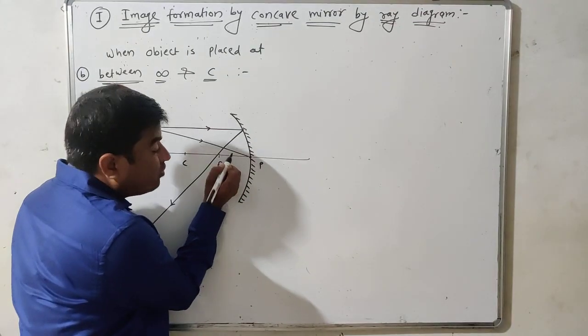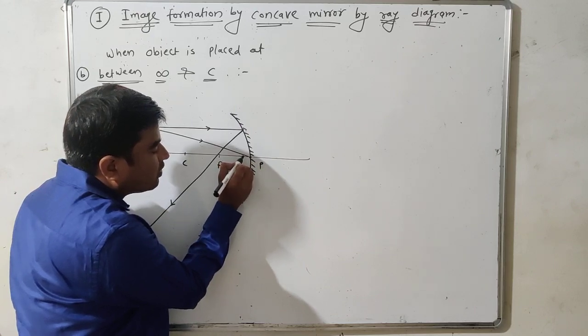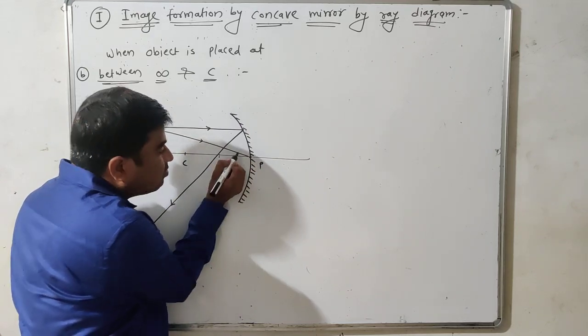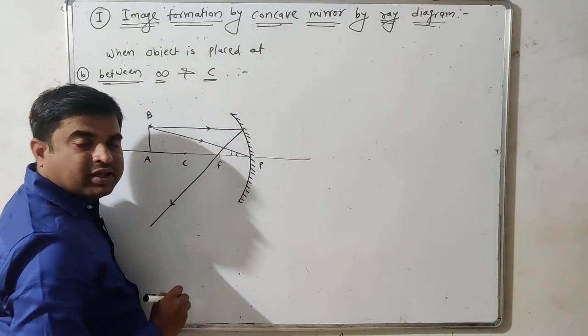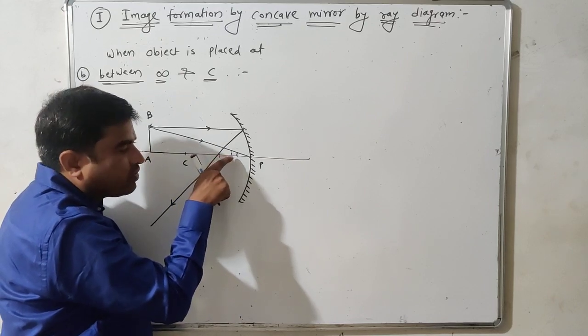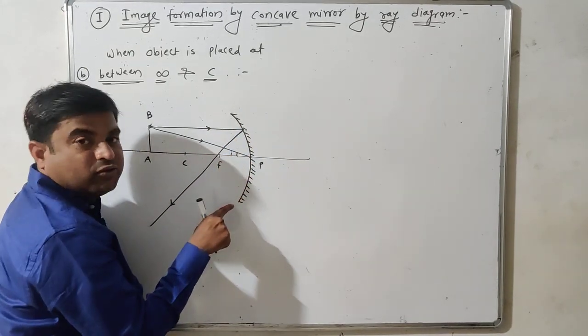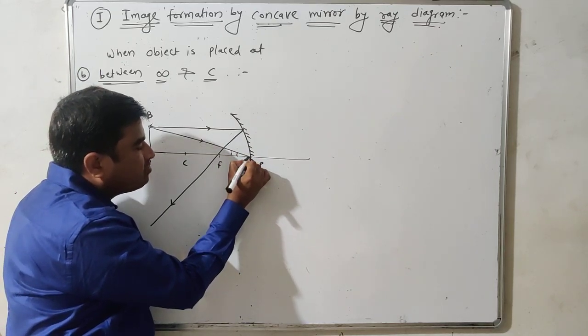Now we know that this ray is directly incident on the pole, and it makes an angle of i with the principal axis. That means the angle of incidence for this ray is i, and therefore this mirror will reflect this ray such that the angle of reflection will be the same as the angle of incidence.